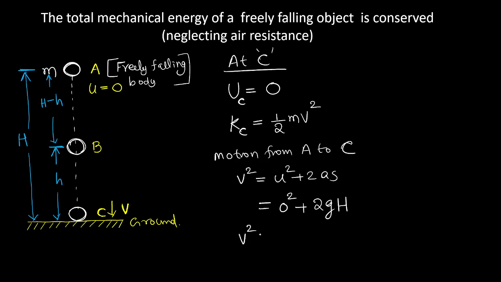So V square equal to 2gH. V square means at C. I am talking about C. So what is the kinetic energy at C then? Half mv square.